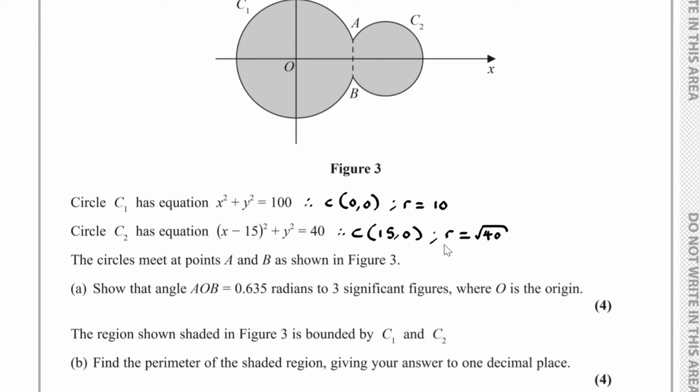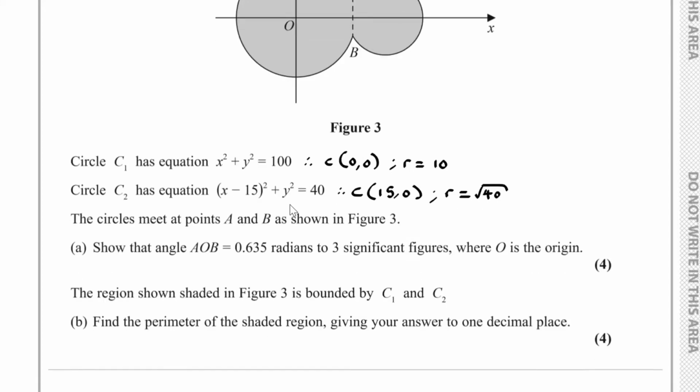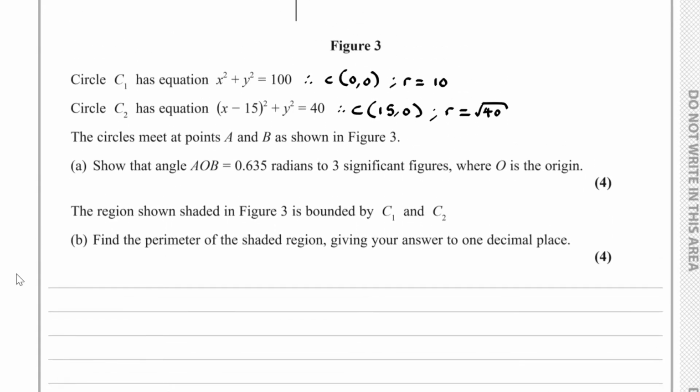So to find the intersection points, we need to solve these 2 equations simultaneously. So for part A, we've got x squared plus y squared equals 100. We'll leave that alone.